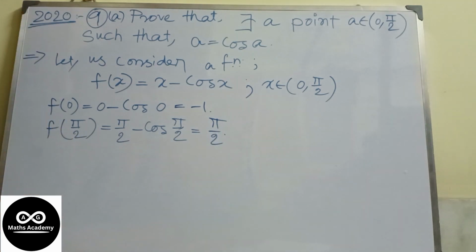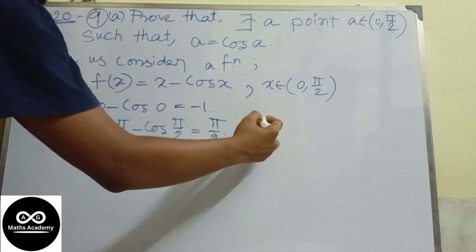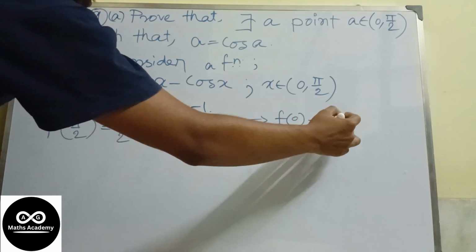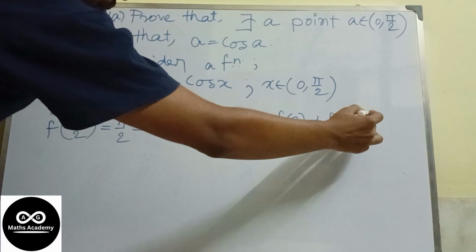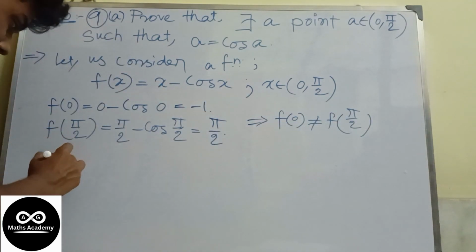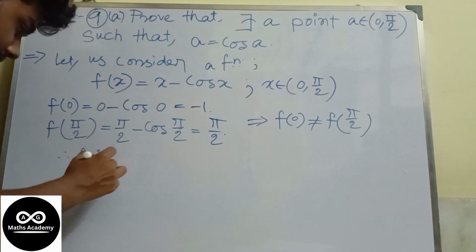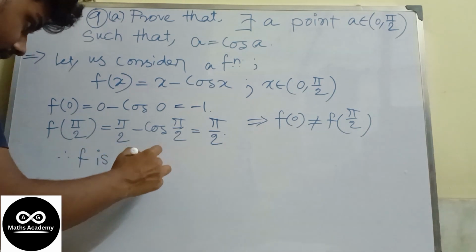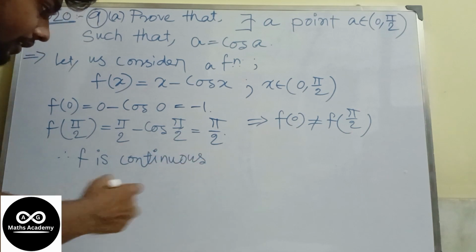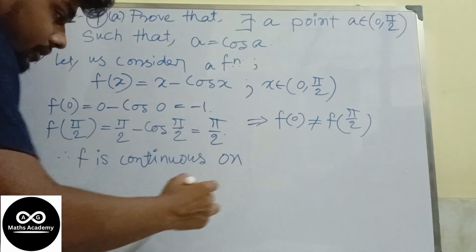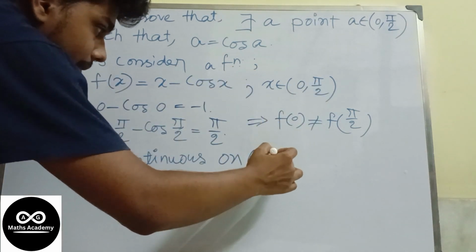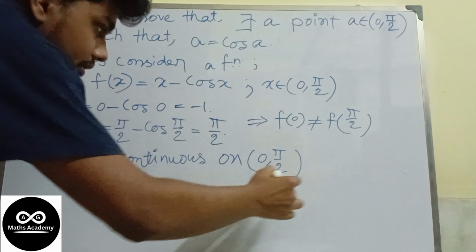So what do we get? f(0) is not equal to f(pi by 2). And f is continuous on this interval 0 to pi by 2.